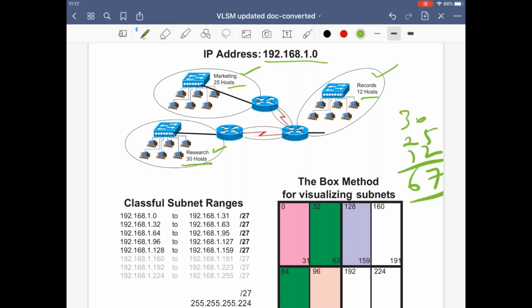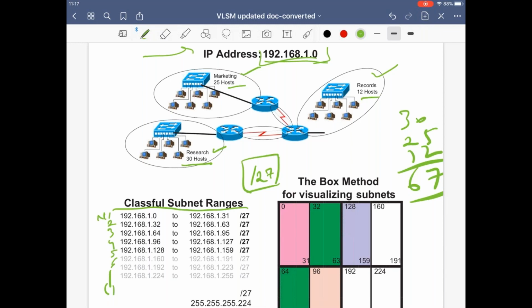We find for 67 hosts with the given IP address. In the classful subnet range, we will get the slash value 27 every time. These are the networks N1, N2, N3, N4, N5, and so on. In this way we have calculated.